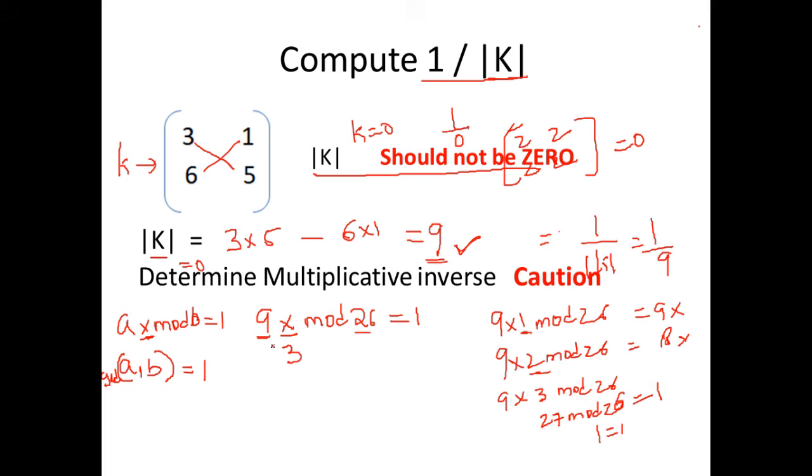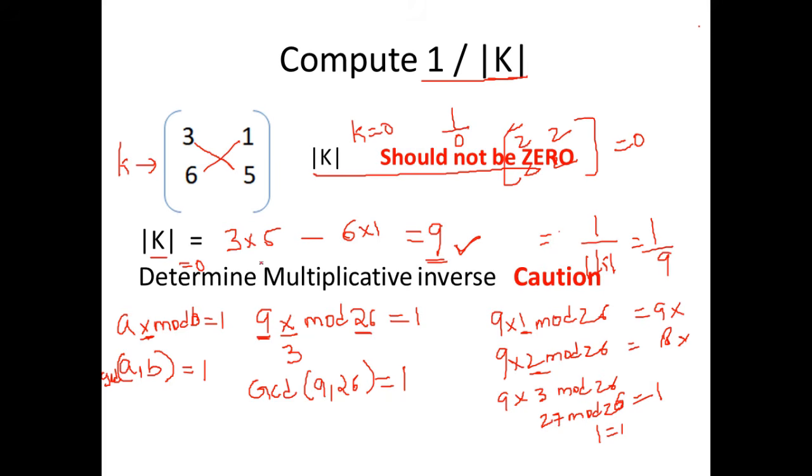Is that clear? So when will a multiplicative inverse exist for this? Only when the GCD of 9 and 26 is 1. So this is very important. GCD of 9 comma 26 should be 1.